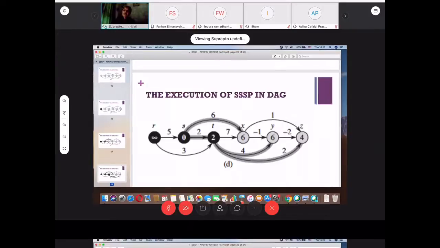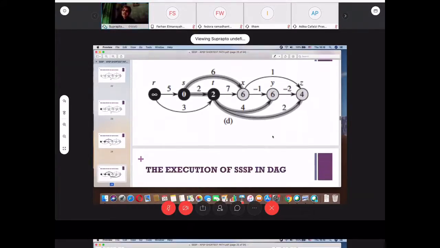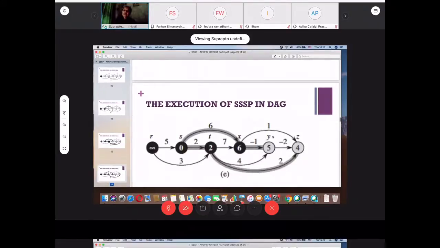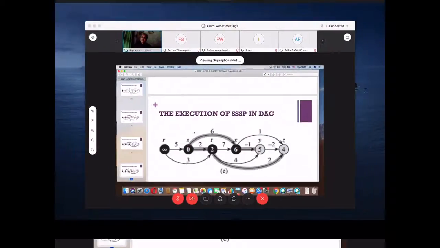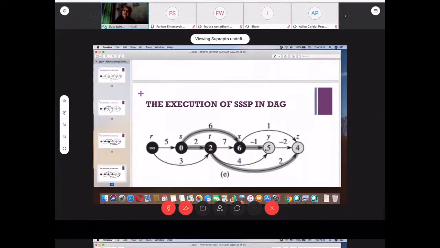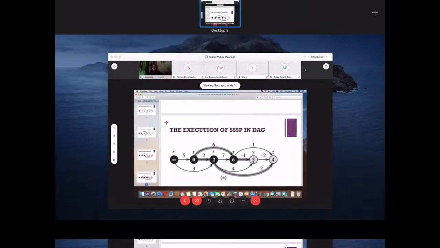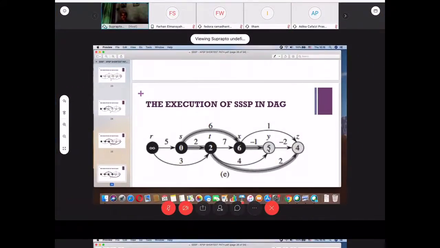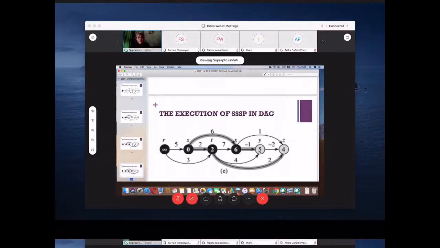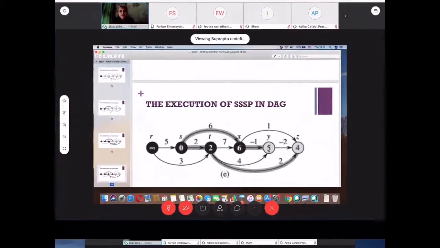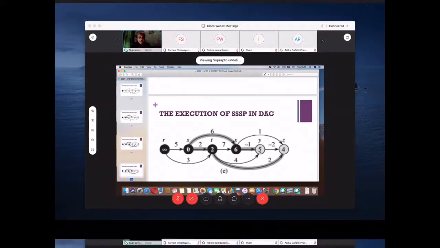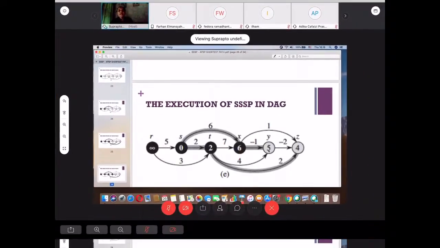It's now from S through X and then to Y. Let's see the last, right? From S, X, and then to Y, and the value is 5 instead of 6. Yes, the relaxation, right? Relaxation.